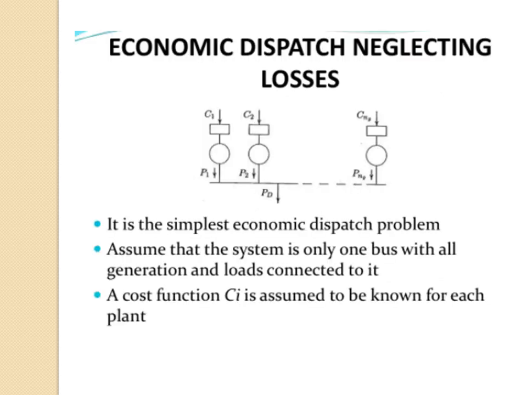Economic dispatch neglecting losses. This is the simplest economic dispatch problem. The system has only one bus, with all the generation and load connected to it. A cost function is assumed to be known for each plant.